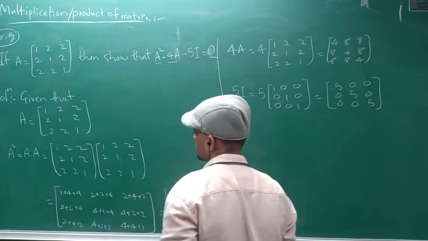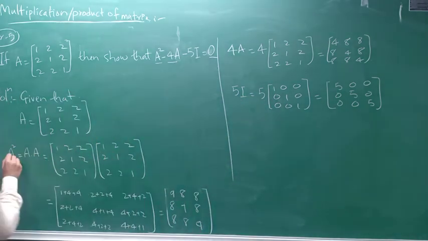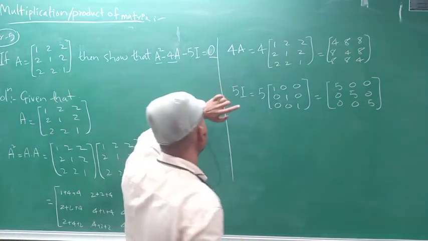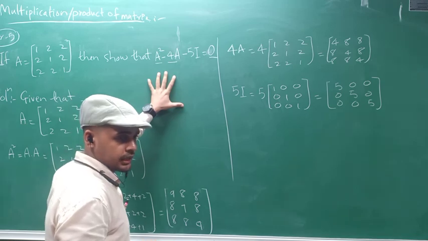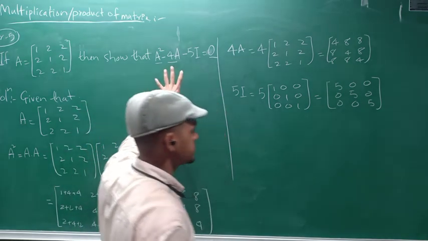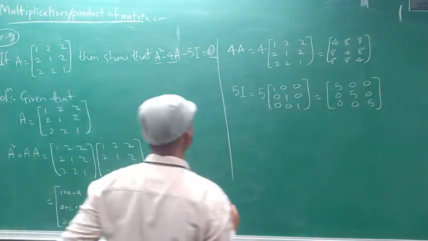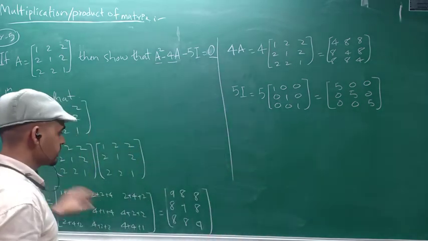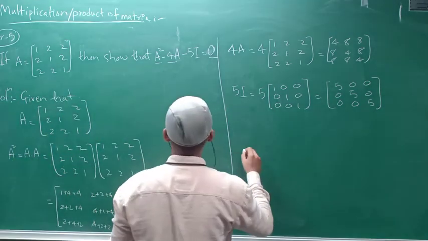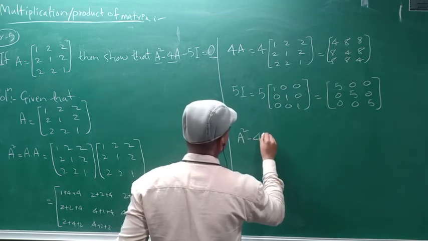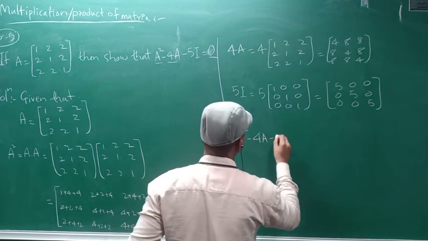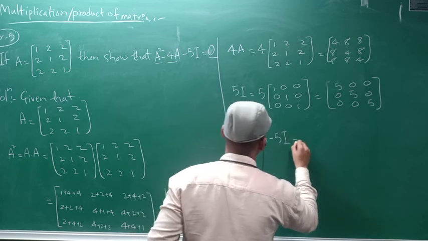Okay, now we have the values of A square, 4A, and 5I. Now let's add them and see what we get. So here I have A square minus 4A minus 5I.